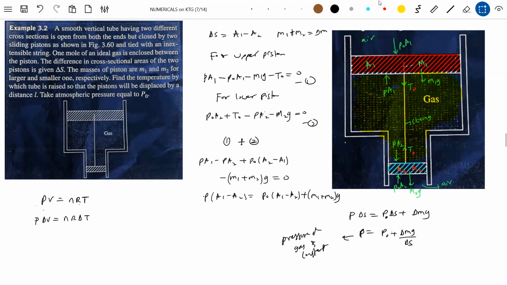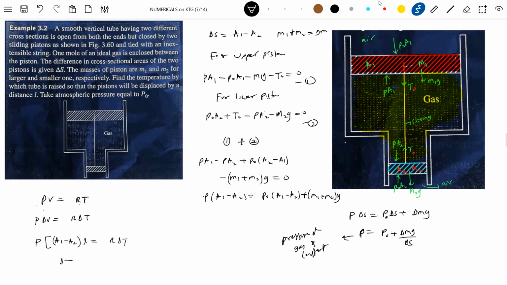So what is the increase in volume? What shall I write for the increase in volume? Anybody wants to write it? A1 minus A2 into L. It is 1 mole, so as it is 1 mole, I'll take it out.